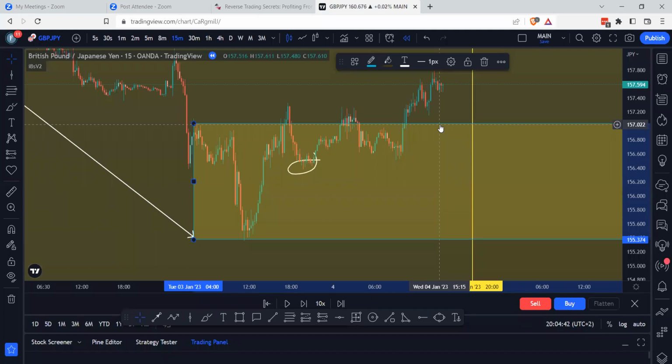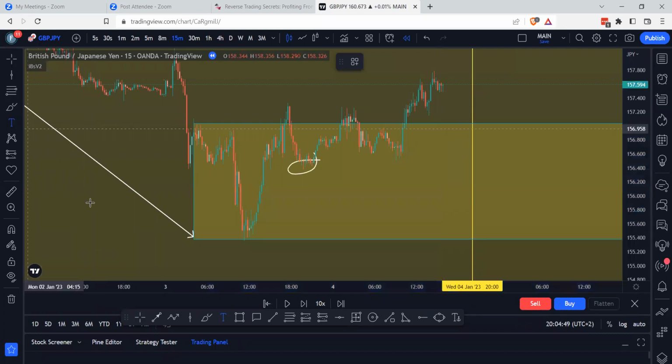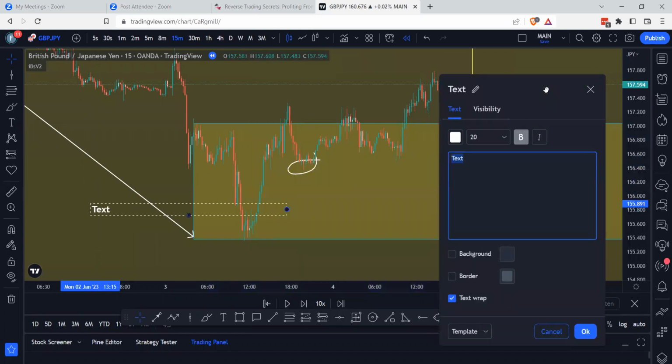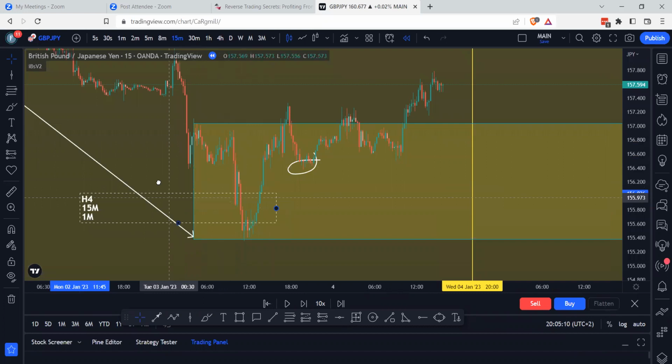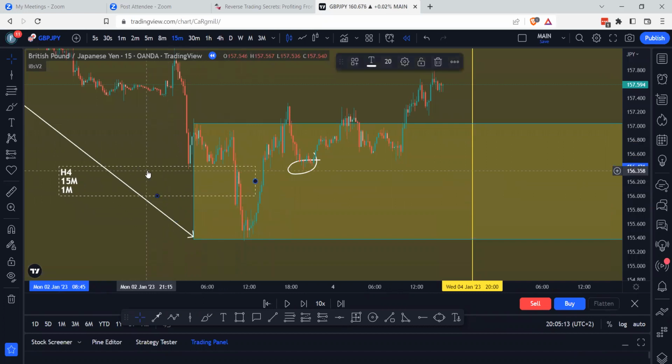If I see a setup on the 4-hour time frame, H4, I go to another time frame, 15 minutes, for confirmation, and eventually I go to the 1 minute for entry. Everything that you said here is very valid, and it will be based on people's preferred time frame for entry.